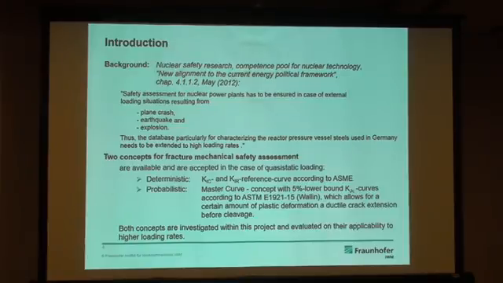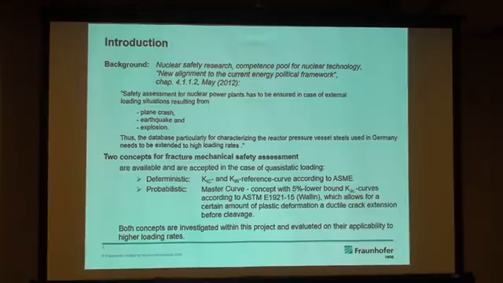There are two concepts which could be applied for a fracture mechanical safety assessment, and which are applied as well for quasi-static loading. First of all, that would be done in a deterministic fashion. You could use K1C and K1R reference curves according to the ASME code, and then there's a probabilistic approach, the so-called master curve concept, developed by Kim Wallin, which I've spotted as well in the audience, and which gives us the possibility to determine lower bound curves from a probabilistic approach.